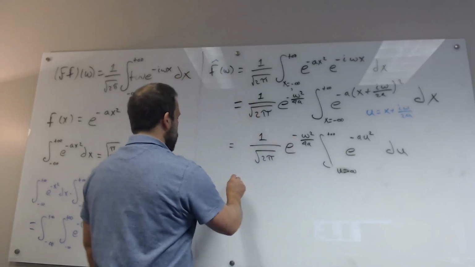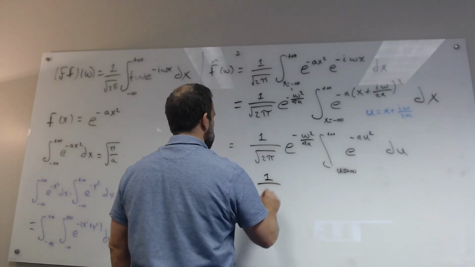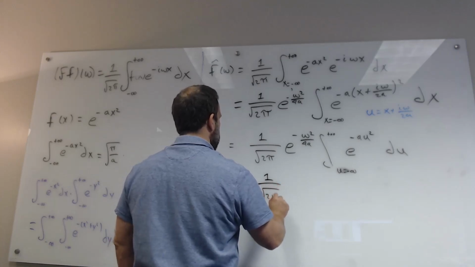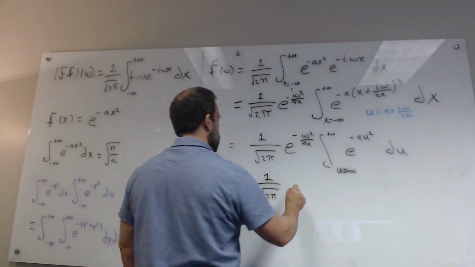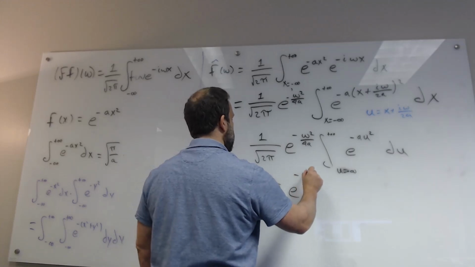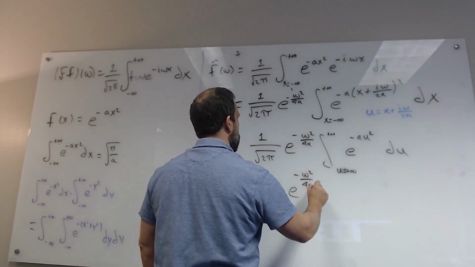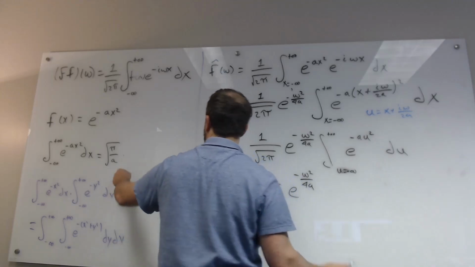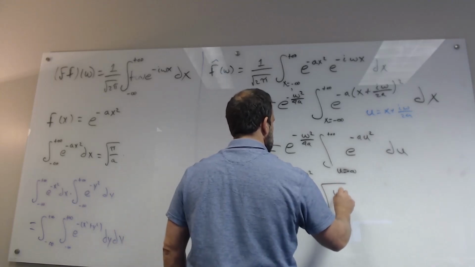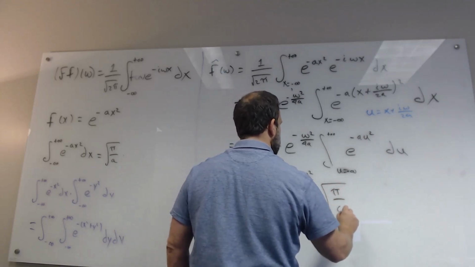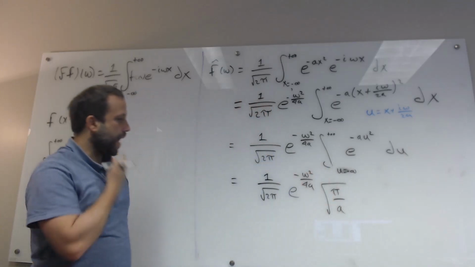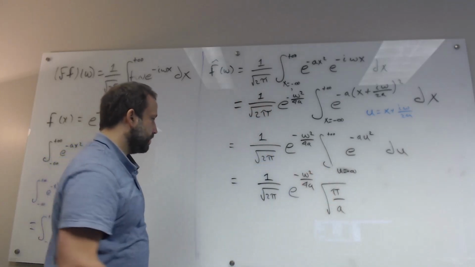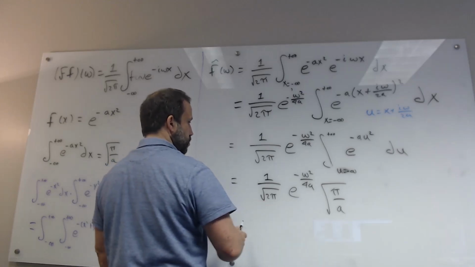All right, at any rate, this is equal to 1 over the square root of 2 pi times e to the minus omega squared over 4a, and this right here is equal to the square root of pi over a. Okay, so notice what's going to happen.